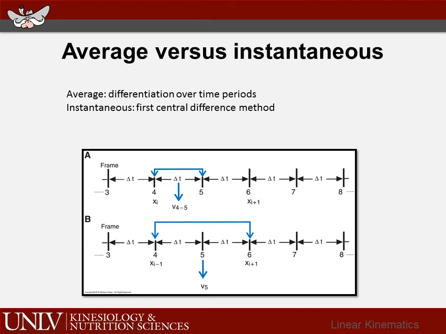You have the end and the prior. And then B is the first central difference method, where we're trying to identify the velocity at 5. So if 5 is the ith, then 6 is x ith plus 1, and 4 is x ith minus 1. Each of these has a delta t, so I can just do 2 delta t.